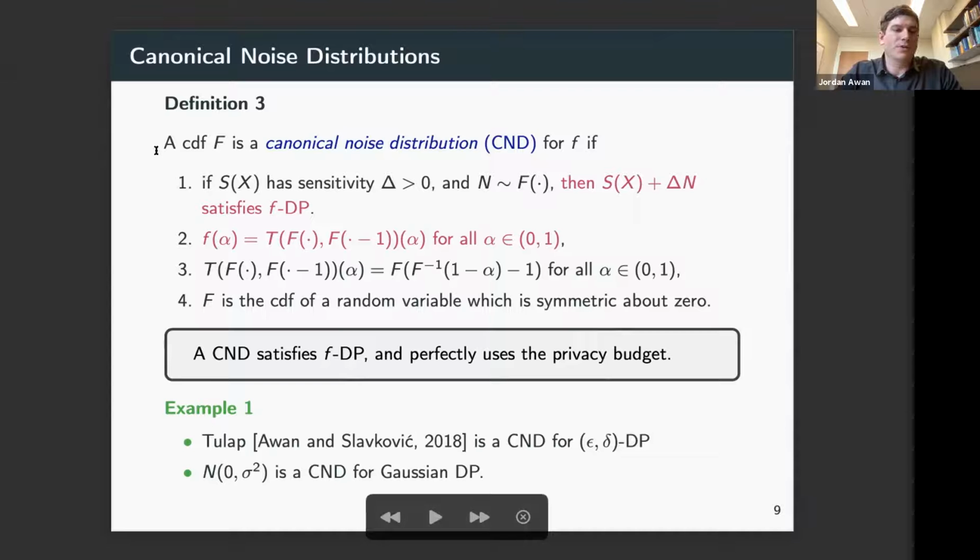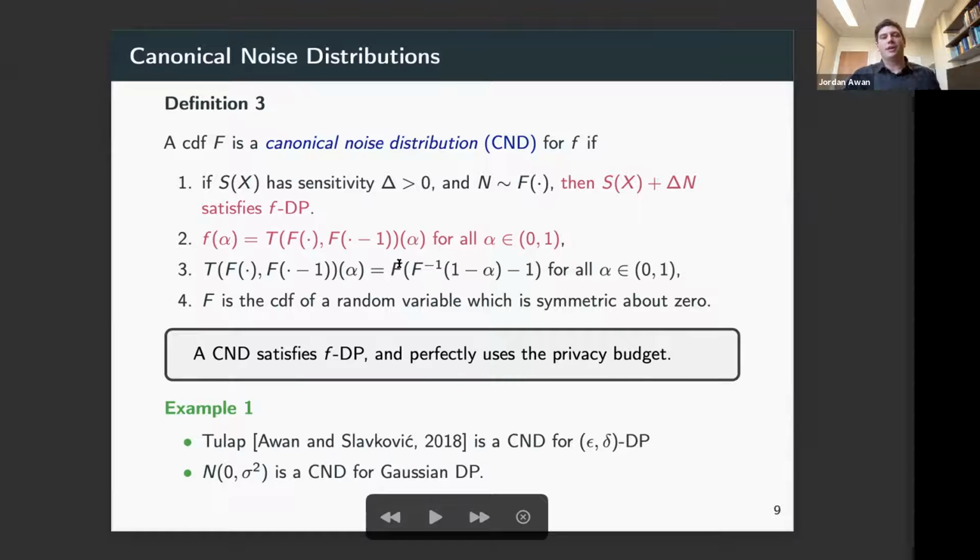These two properties that we want are formalized in 1 and 2. One says if we add delta-scaled CND noise to statistic S, we should get f-DP. Two says the trade-off function of the shifted CND should equal f. Three gives a closed form for the trade-off function of the shifted CNDs.